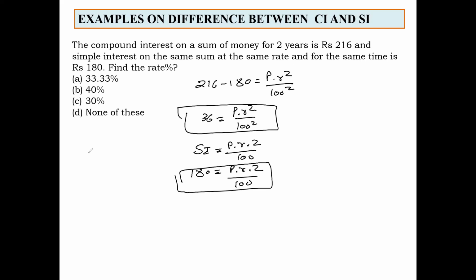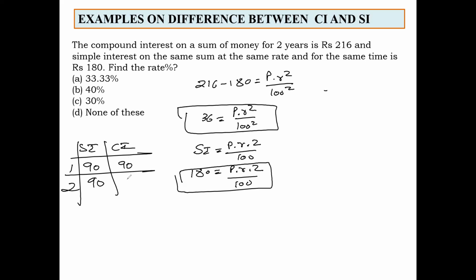For example, if I compare SI and CI for 2 years, year one and year two, what will be the simple interest for each year? Simple interest remains the same. It has to be 90 and 90, equally divided. What about the compound interest? In the first year, compound interest will be the same.